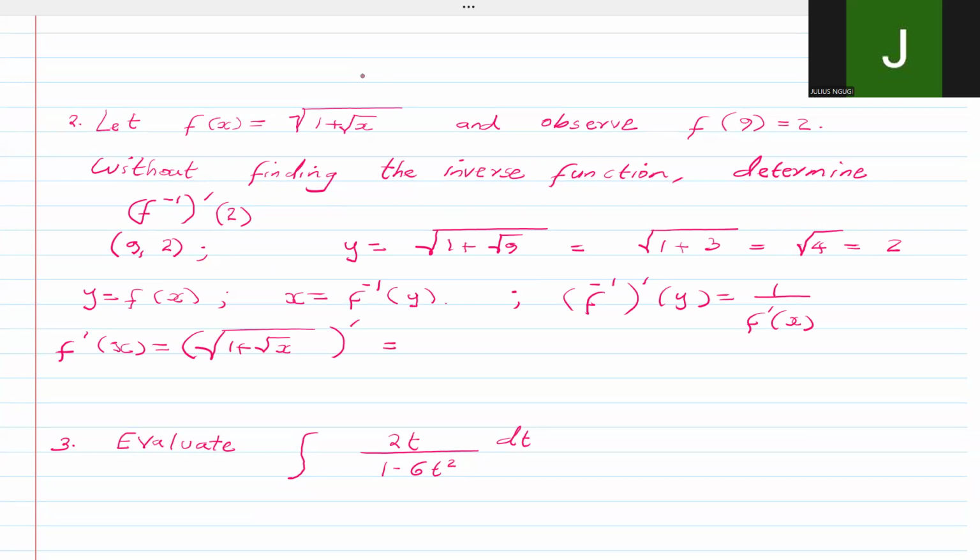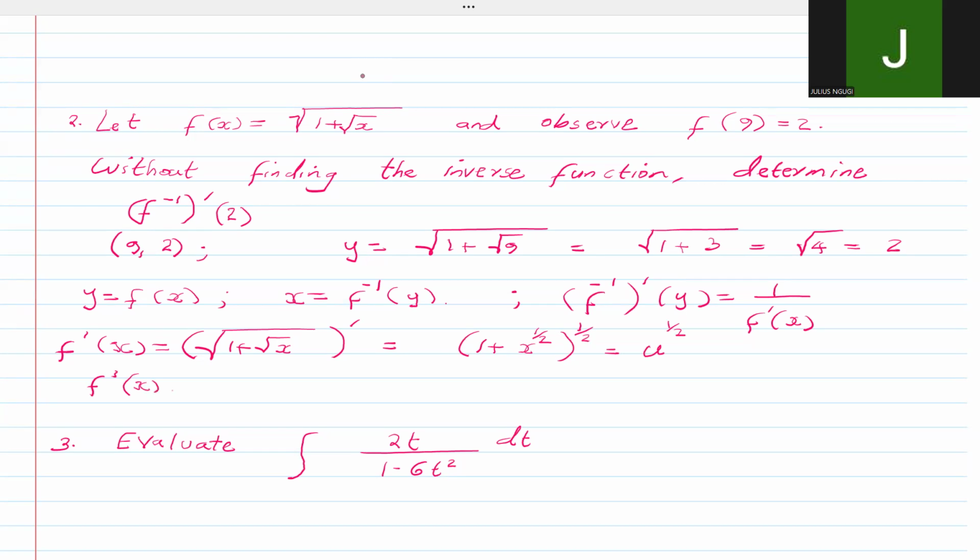We can write this as 1 plus x to the power of a half, then everything to the power of a half. Then we use the chain rule: we consider the inner function to be u, so we say u to the power of a half. This is a function of u, and then we do the derivative f prime of x.